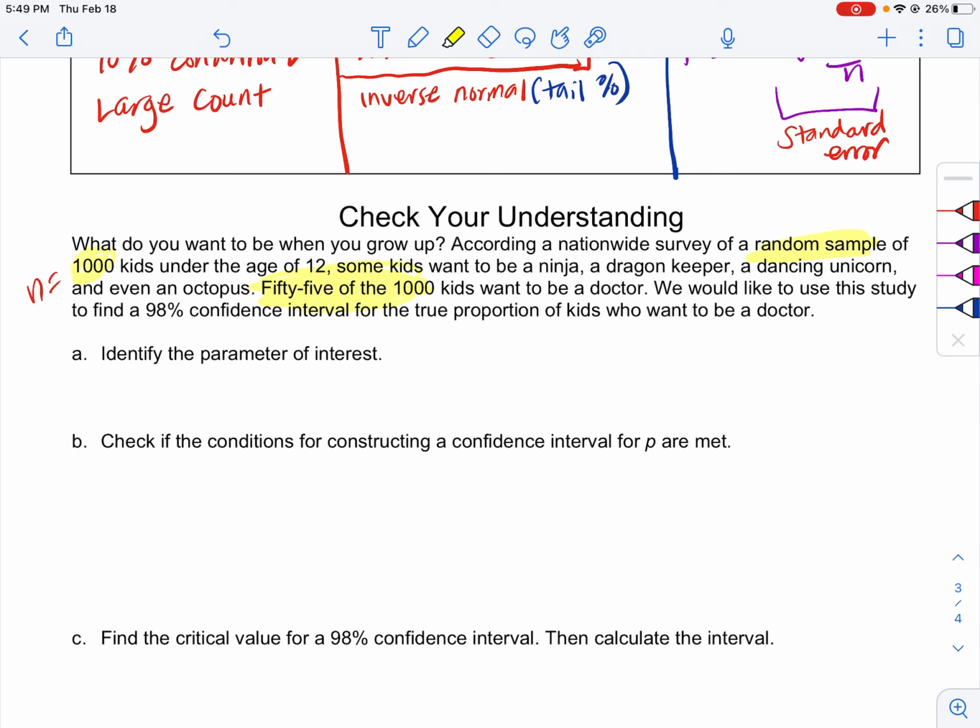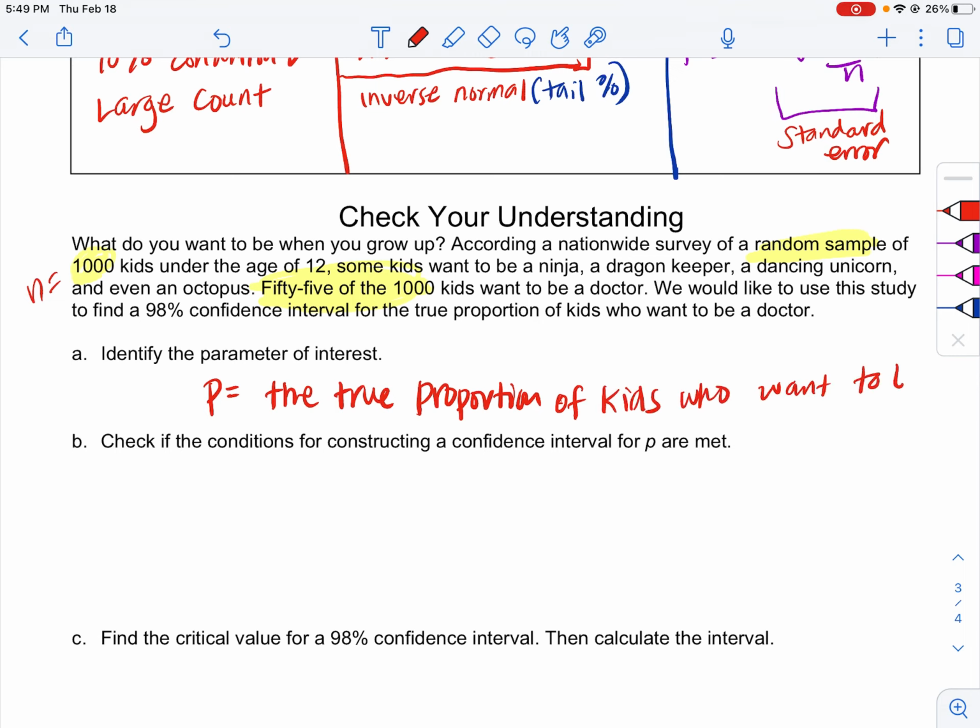We would like to use this study to find a 98% confidence interval for the true proportion of kids who want to be a doctor. Identify the parameter of interest. Parameter means what are we trying to get? We want to get the true proportion of kids who want to be a doctor.